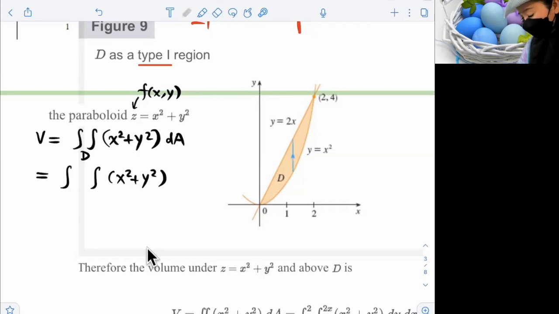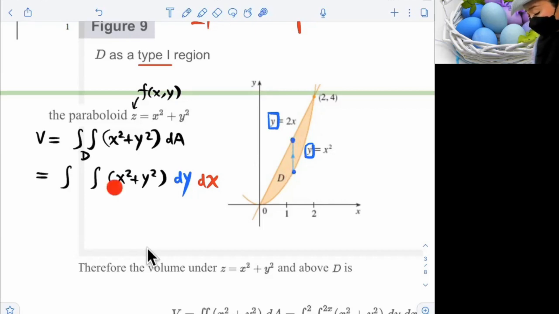So it's going to be dy first and then dx later, right? Because you can see right here, y goes from this to this. So you have to do the dy first, okay? Because y goes from here to here.